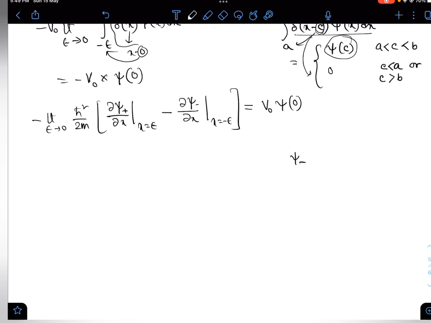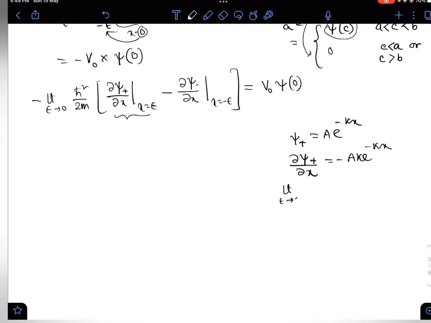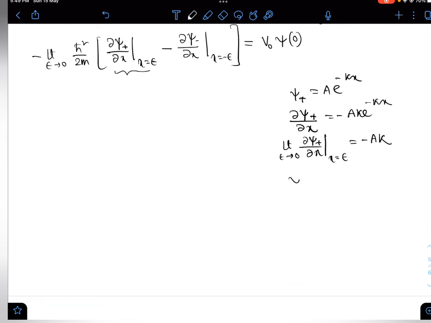Now what is psi plus? Psi plus is A e to the power minus kx. Let us calculate this. Del psi del x will give us minus Ak e to the power minus kx, and as epsilon tends to 0, del psi plus del x at x equal to epsilon will give us minus Ak. Similarly, psi minus is B e to the power kx, where B and A are the same, as we derived from the first continuity condition.